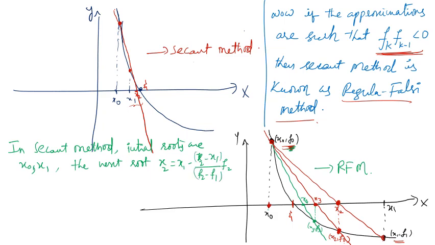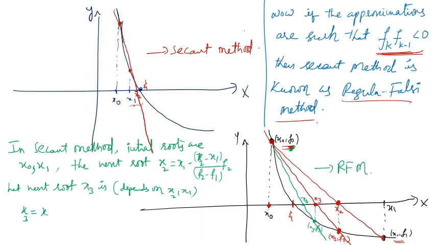Next, the next root x3 is, what is the formula? Directly, x3 depends on its previous values, x2 and x1.